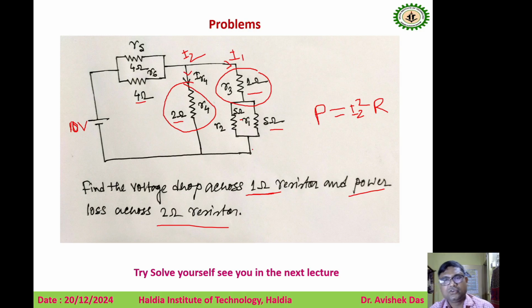You already know how to determine the equivalent resistance for series and parallel connections. So you can easily determine the equivalent resistance, and you already know the current distribution rule for series and parallel connections, which we already discussed. From that you can determine I1 and I2, and if you find the values of I1 and I2, you can easily determine the voltage drop across the 1 ohm resistor and the power loss across the 2 ohm resistor.